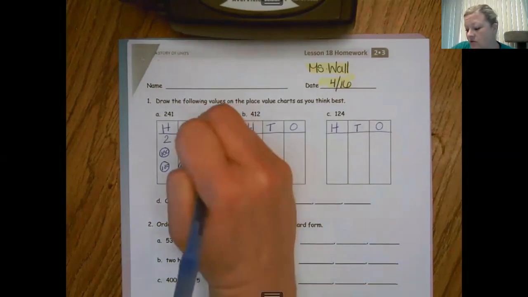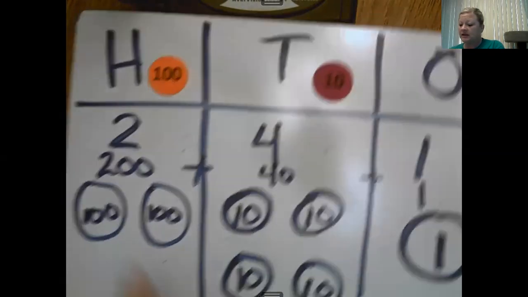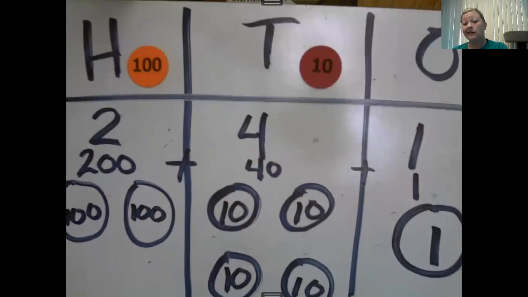And then I'm going to draw my 1, 1. Now this time I'm going to ask you to do something that we didn't do last week. I'm going to ask you to write it in expanded form, just like I did here. That way we get used to seeing it in expanded form.